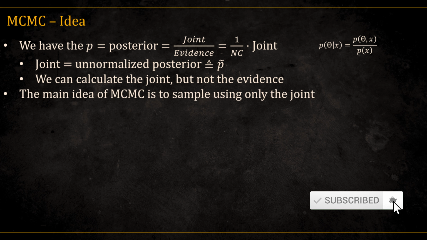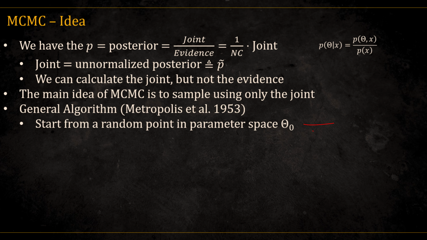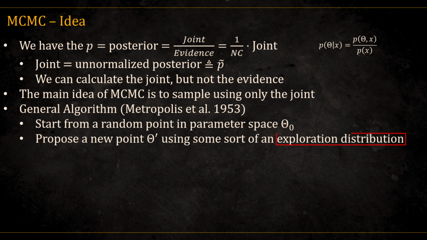The core idea of MCMC is therefore to sample from the posterior using only the joint. Although we cannot evaluate the exact posterior probability of a point without the normalizing constant, we can compare relative probabilities between points. MCMC algorithms exploit this fact. We begin at an arbitrary point in parameter space and propose a new point from a proposal distribution.